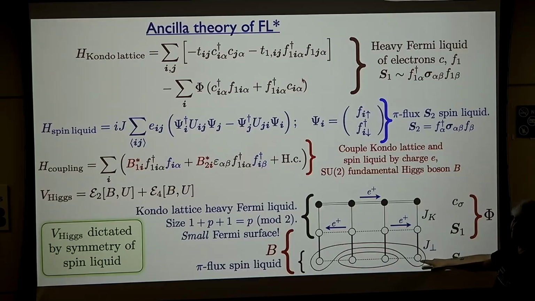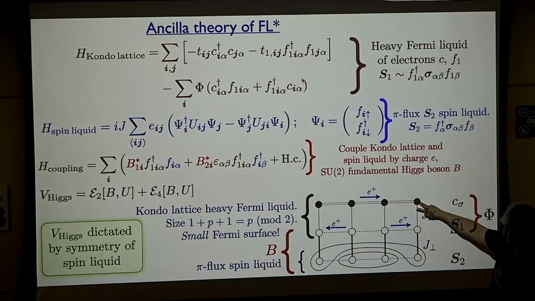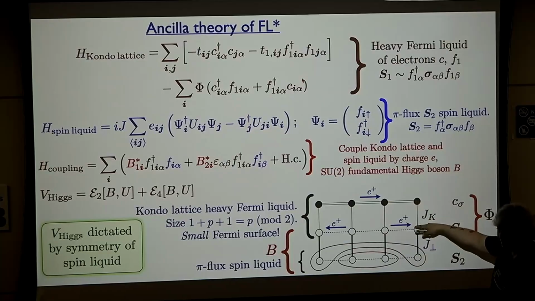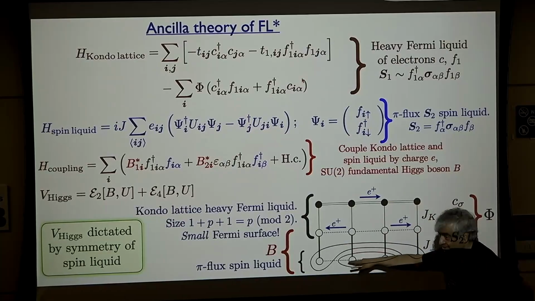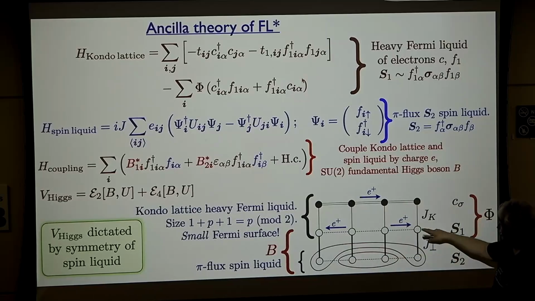S2 has a ferromagnetic coupling, because this is antiferro, so the effective coupling is ferro. So the ferromagnetic Kondo coupling flows to 0. These spins become free as far as the top two layers are concerned. What they're going to do is form singlets within themselves because they're ferromagnetically coupled. This one is strongly coupled, strongly relevant, so they'll form a Kondo lattice.